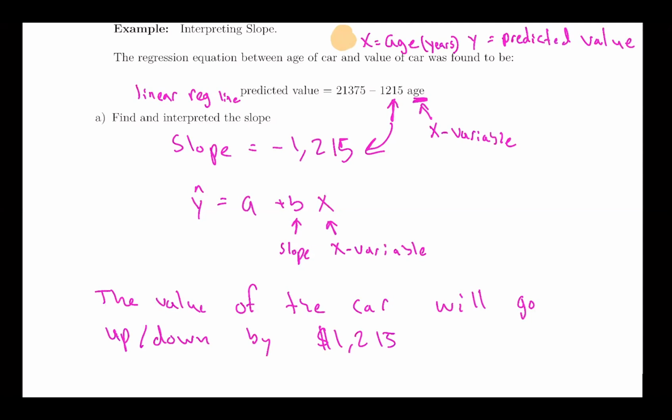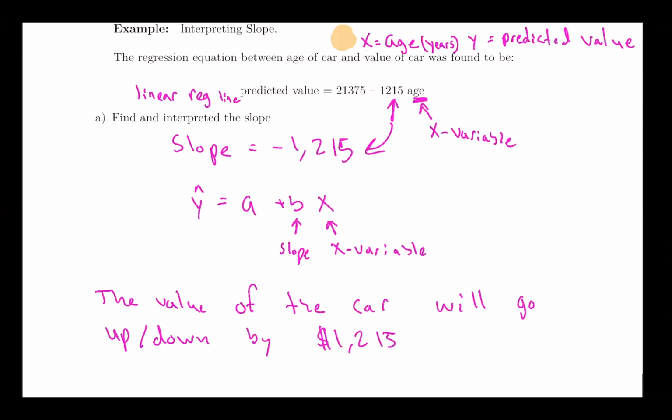The way that we decide if we should say go up or go down is by the sign of the slope. If the slope is negative, we say go down. If the slope is positive, we say go up. In this case, should I say the price is going up or going down? Down.